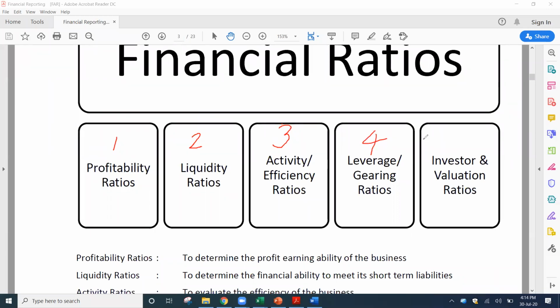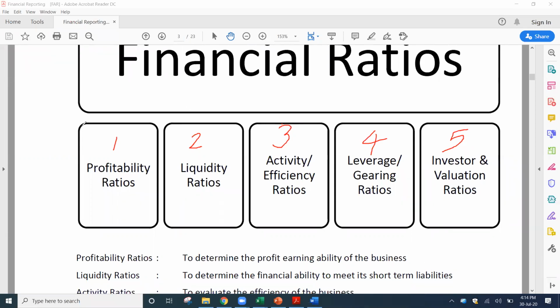Number 4, gearing ratio. And number 5, investor ratios. The first 4 ratios are very important because from those we get a lot of questions. Of the investor ratios, only a few will be checked in the exam.